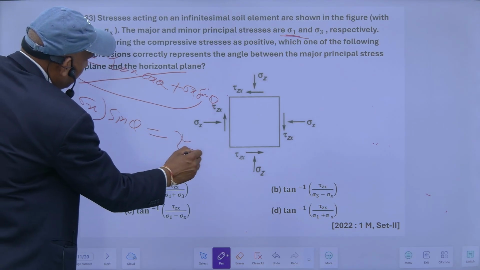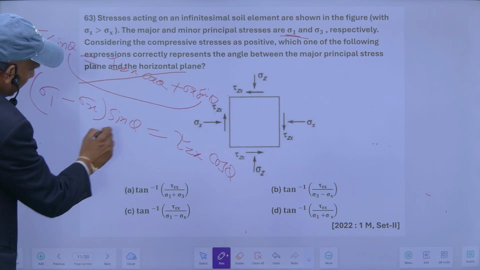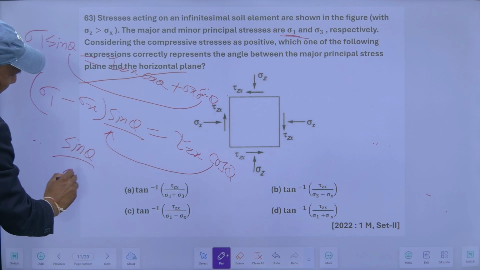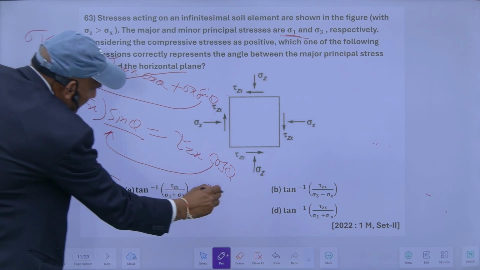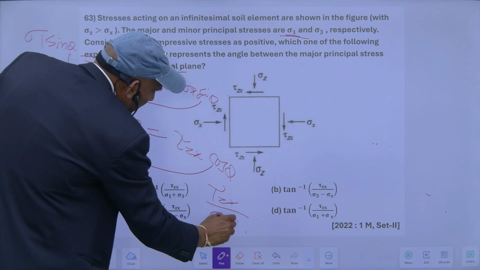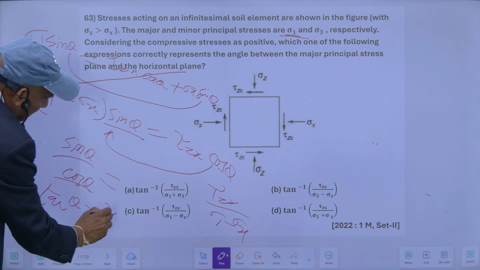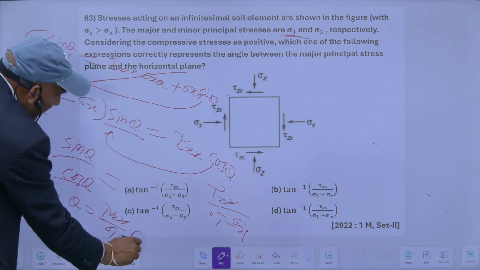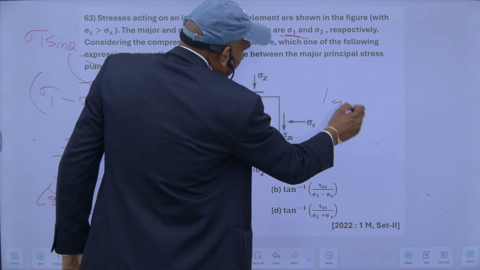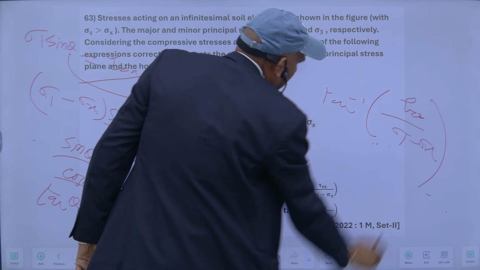This is tau Zx into cos theta, and sin theta upon cos theta will be equal to tau Zx divided by sigma 1 minus sigma x. So tangent theta is equal to tau Zx upon sigma 1 minus sigma x, and theta will be tan inverse of tau Zx upon sigma 1 minus sigma x.